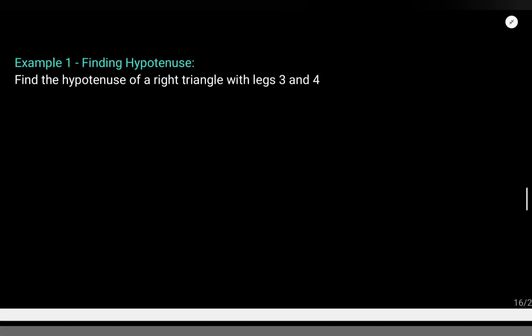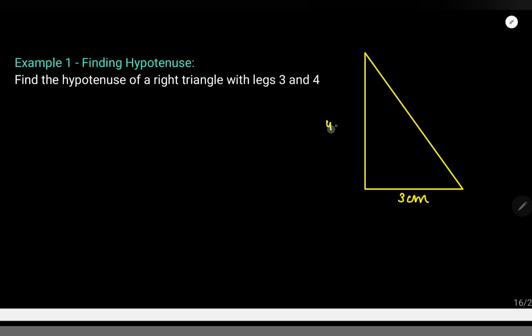Example number 1. Find the hypotenuse of a right triangle with legs 3 and 4. I will make a right angle triangle first, with legs 3 centimeter and 4 centimeter. They are asking you to find the hypotenuse, which means the longest side.